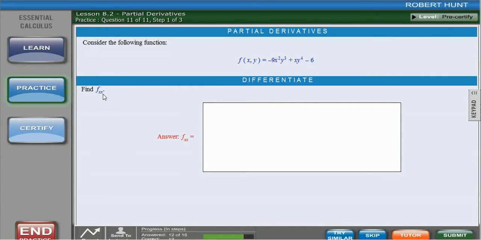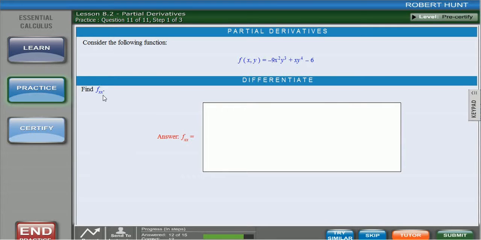Second derivatives. I mentioned those at the start of the video, but we hadn't done any in the homework yet. The second derivative questions will be 3-step questions. Step 1 will be f double x. Step 2 will be f double y. And step 3, they could either ask f sub xy or f sub yx, which we already know are the same thing.